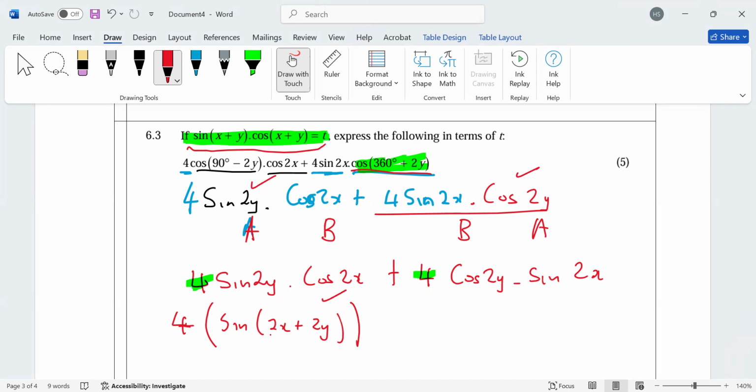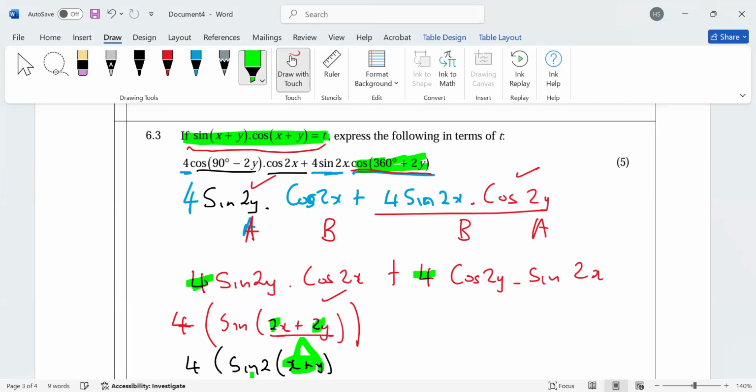And then if you look here, there is a common factor between these two things. What's common there? So you have 4 sine 2 open bracket x plus y, like this. And then look at this. I can make this one angle. If I say this is A here, then it means I have sine 2A.